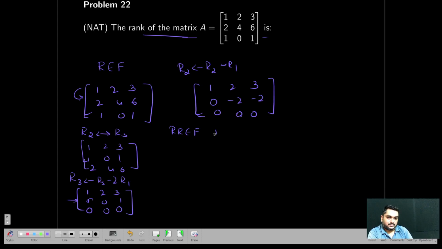So that is R2 is R2 divided by minus 2. So we will get 1, 2, 3, 0, 1, 1, 0, 0, 0. I cannot further reduce this. So there are two linearly independent rows. So rank is equal to 2.